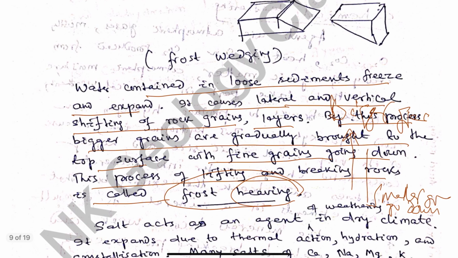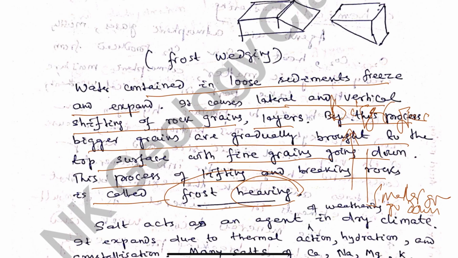The main purpose of weathering is to break the rocks. So, coarser rock fragments that occur within a greater depth are brought to the surface so that they can be attacked by weathering processes easily, and the fine grains go down and down because they have reached the final stage of their breaking.